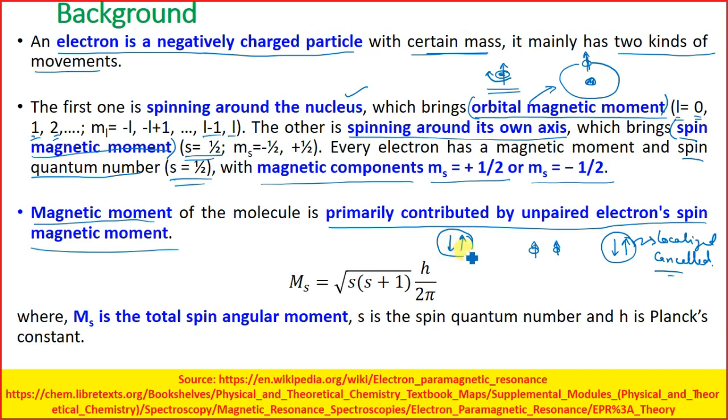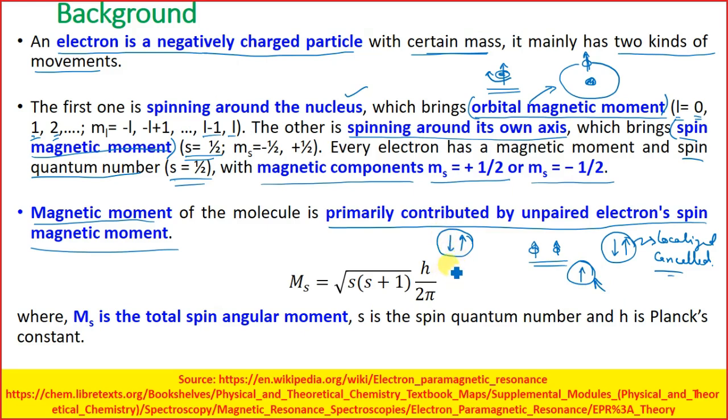Okay. Now, just like in NMR, what I said, there will be a very small number of protons available which will be in excess in the low energy state, and those protons will give the NMR signals.